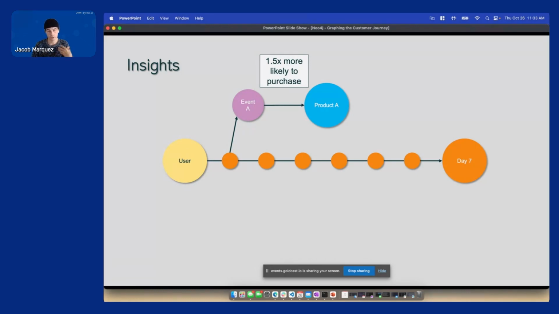Which is super interesting because you can start building hypotheses and experiments just on that piece of information alone, right? Let's go build a marketing campaign or some sort of in-product notification experiment to see, can we get more people to do event A because we know it's likely going to lead to an ROI.